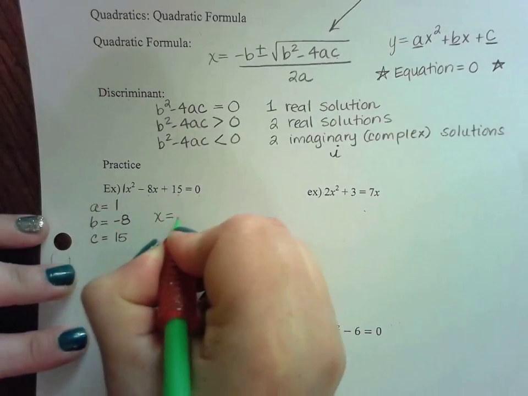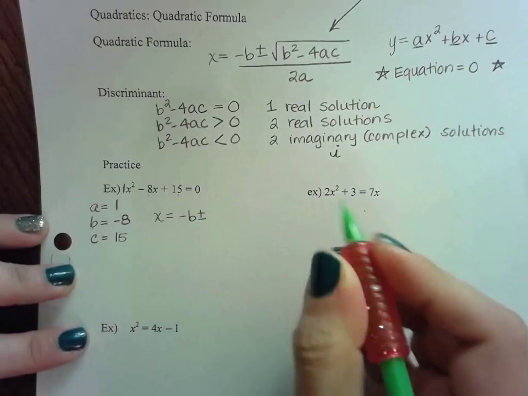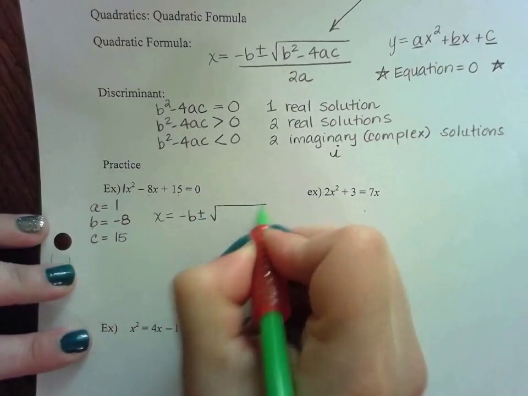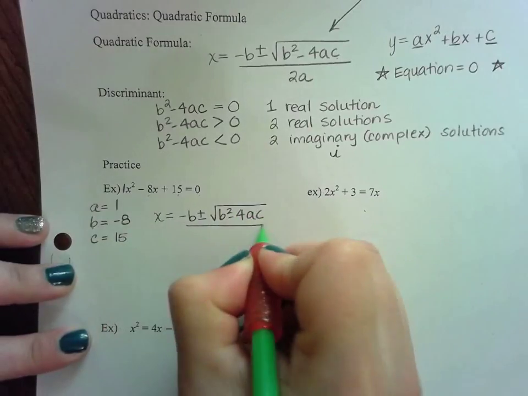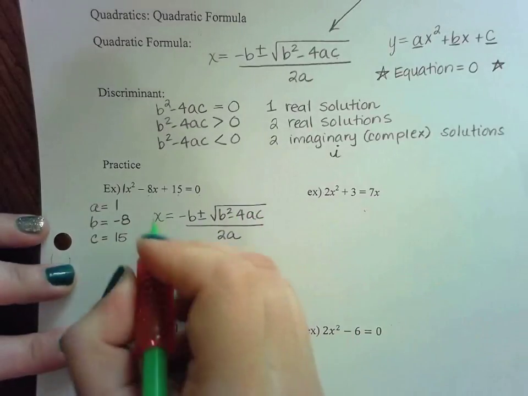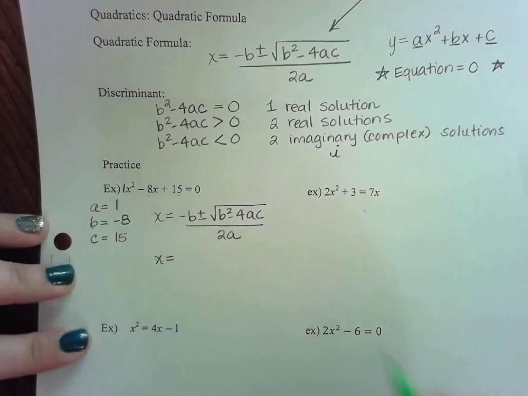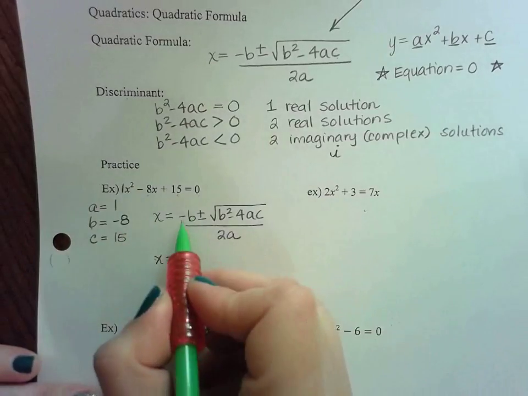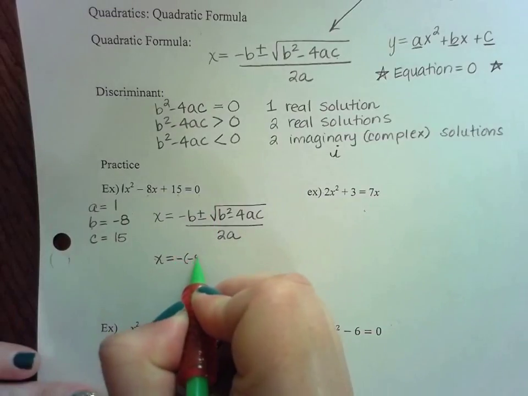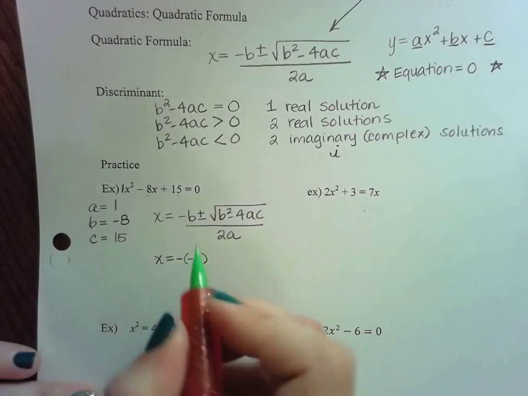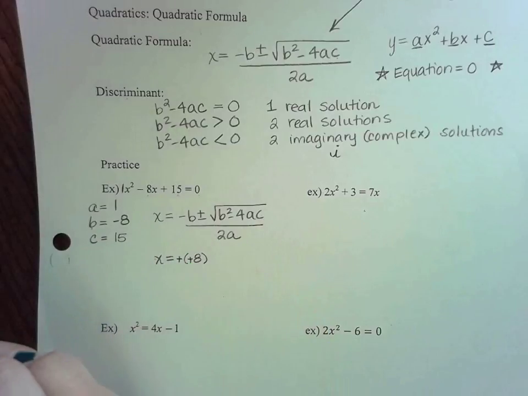Here's our formula again. Negative b plus or minus square root of b squared minus 4ac all over 2a. And these are going to be good ones for us to also use our calculator. So if you have a negative b, that's going to be a negative 8, which is actually going to turn that 8 positive.